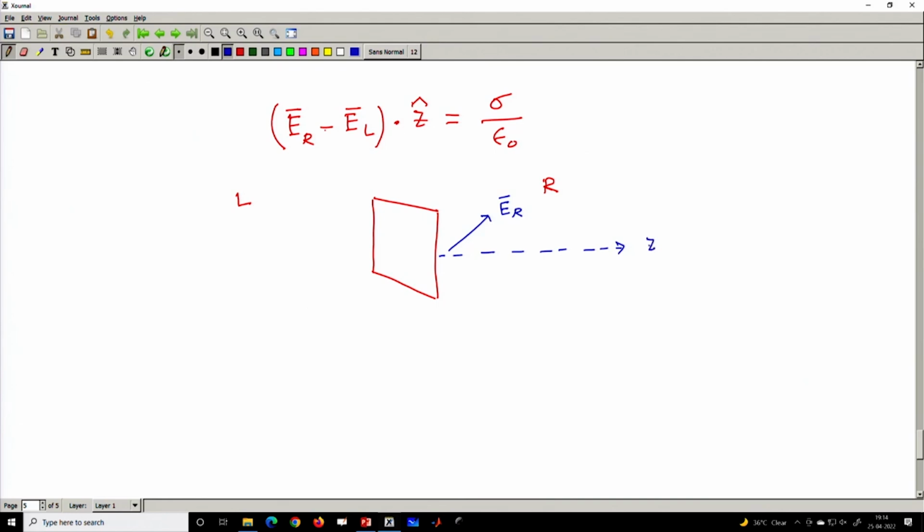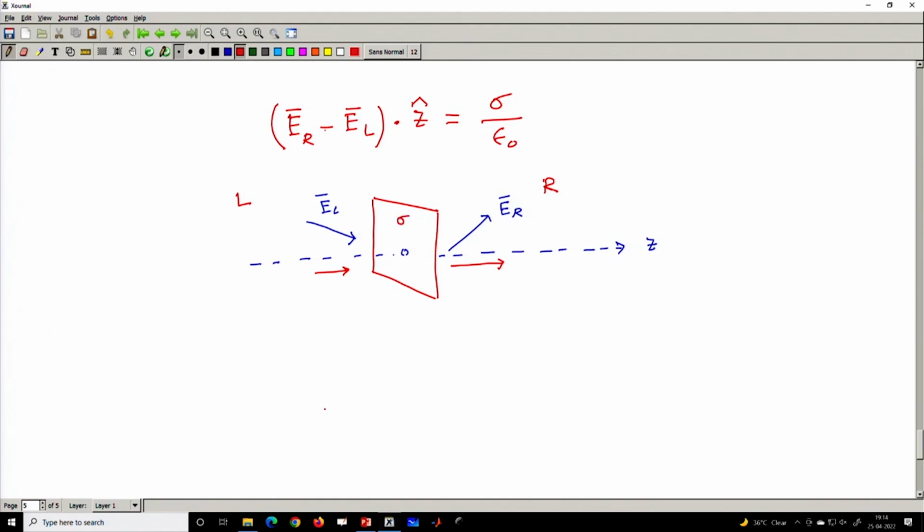This is my z direction. And E_L is along this direction. So here what I am doing is that E_R dot z means I am taking the z component along this direction, and I am also taking the z component of E_L, and these z components I just subtract, and that value is equivalent to whatever sigma I am having.